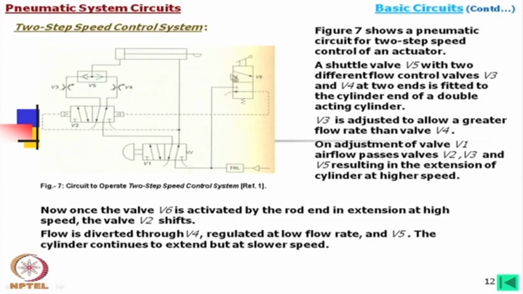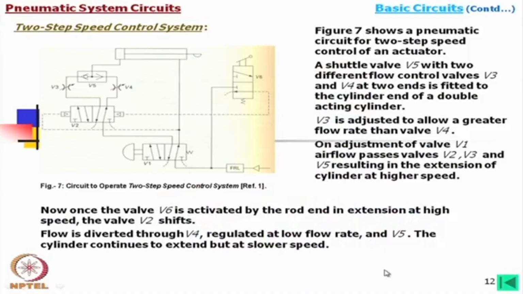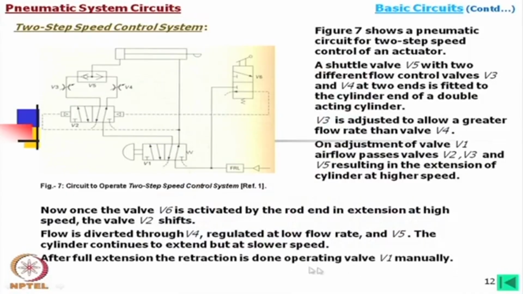By adjusting this, you can make this cylinder operate at two speeds, and it might be half the stroke length, or one third full high speed and two thirds slow speed, and so on. After full extension, the retraction is done by operating valve V1 manually.